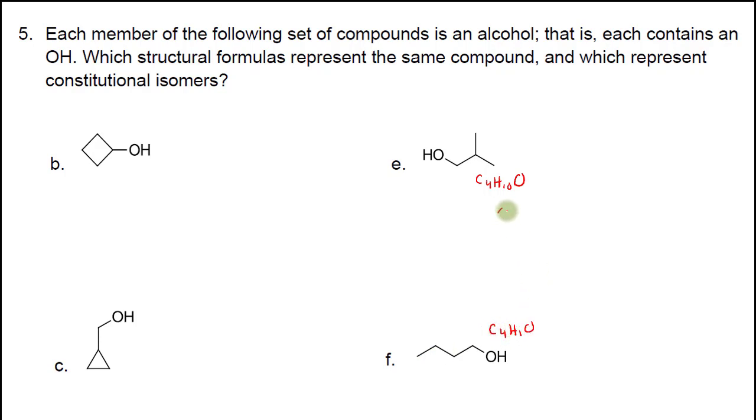So these two are constitutional isomers of each other. These have C4H8O, C4H8O. These are constitutional isomers of each other. And between B and C and E and F, they're unrelated.